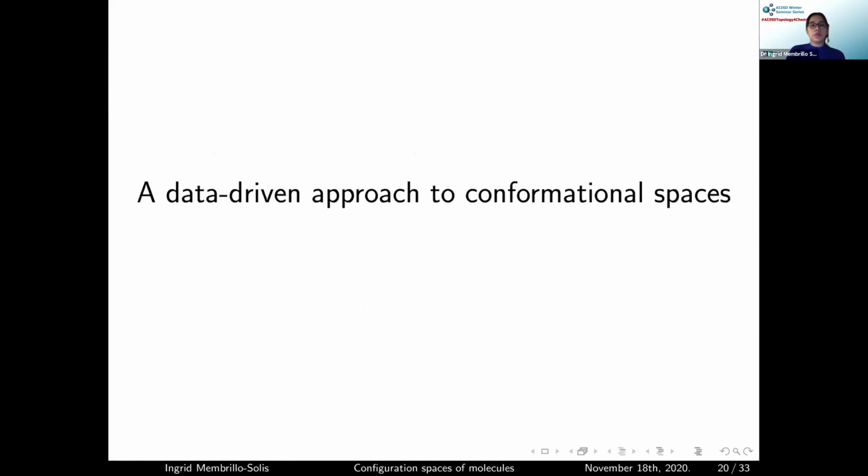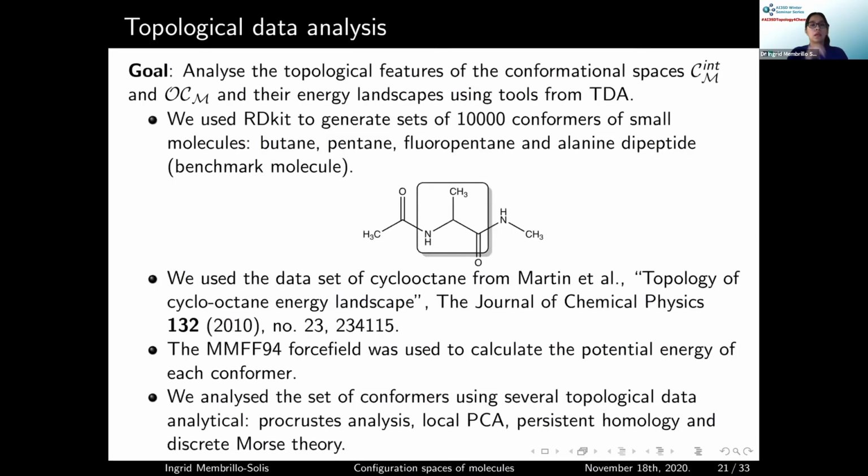Well, one way to do it is to use the tools from topological data analysis. So our goal in this part of our project was to analyze the topological features of two conformational spaces: the internal conformational space and the orbifold conformational space. And we also wanted to analyze their energy landscapes using tools from TDA.